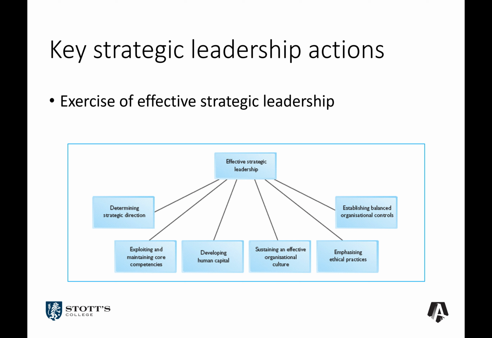So the 6 leadership actions are: determining the strategic direction, exploiting and maintaining core competencies, developing human capital, sustaining an effective organisational culture, emphasising ethical practices, and establishing balanced organisational controls.